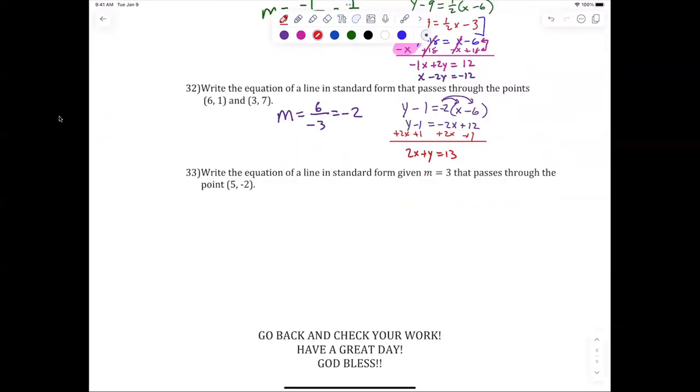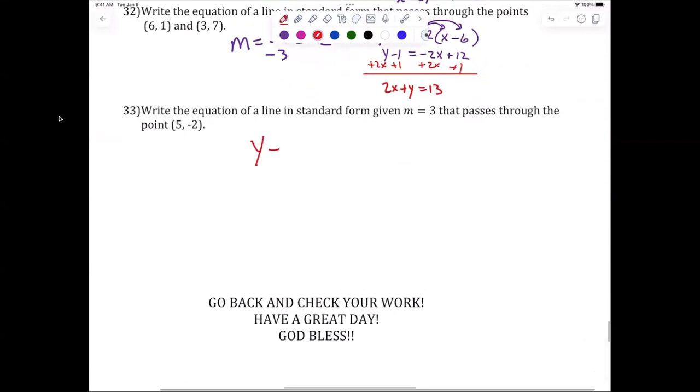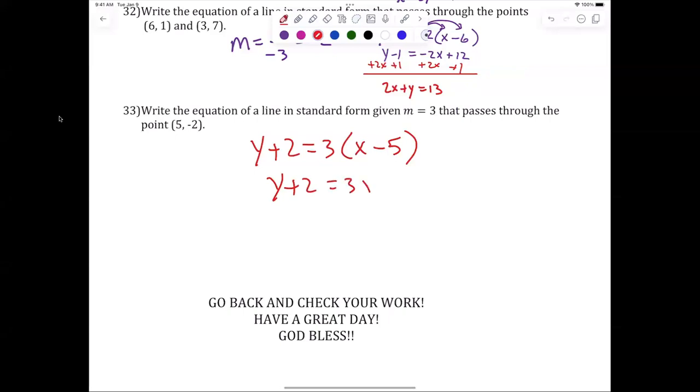All right, last one. Go ahead. Y plus. Hold on. Anybody have a problem with that? All right, keep going. You subtract the x, you subtract the 2. Hold up. Subtract 3x. Subtract 2.